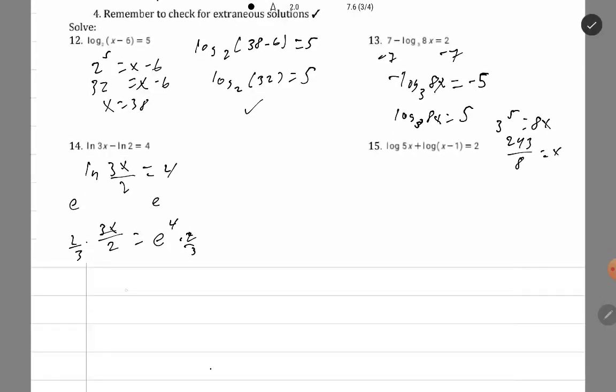So I will get 2/3 e to the 4th, which means x equals 36.4-ish, approximately. Yes, you would put this in your calculator.